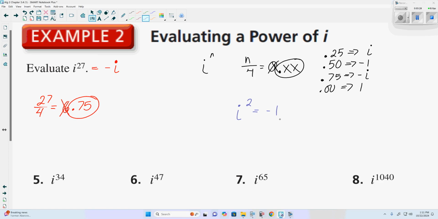We cannot leave i squared or i to a power. We have to reduce it back down. And part of the reason for that is because really i squared, i is the square root of -1. So we're really saying that we're leaving the square root of -1 to an exponent. We have these radicals and exponents. We really can't leave them together. So we simplify if possible. That is my only real logical reason for that. But if we have i to a power, we're going to reduce it.